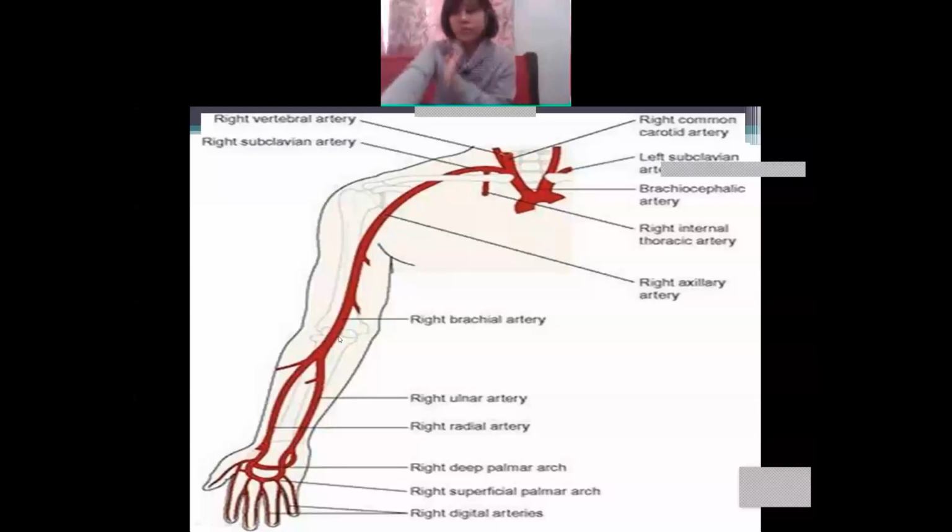Understand, brachial artery. So the brachial artery, where will it come? It will come here. This is the elbow, right? So it will come at the front side, and you will be able to feel the pulse also. There is a brachial artery.